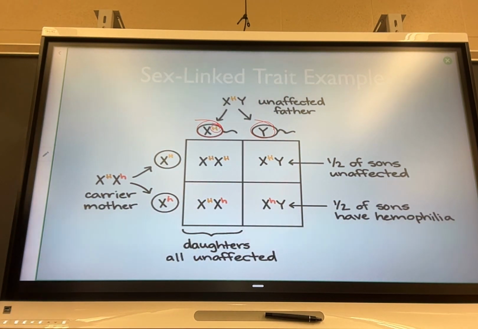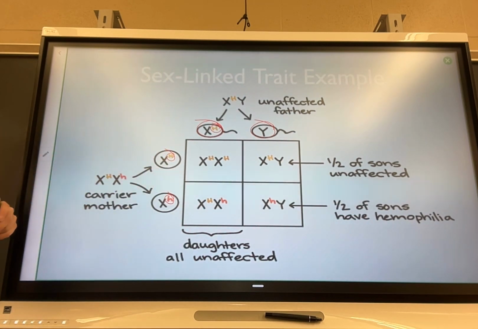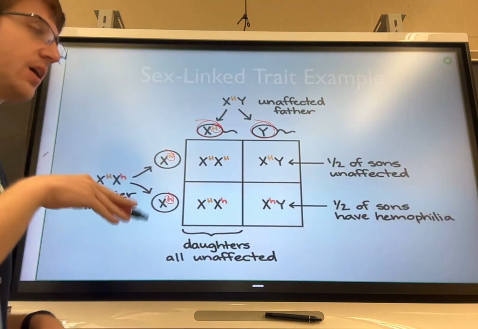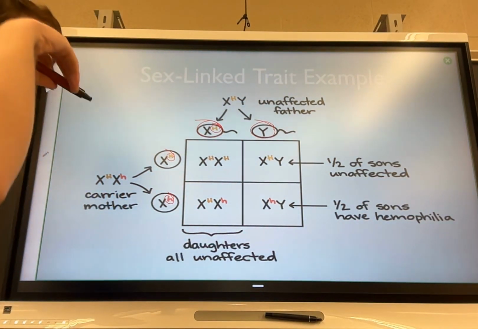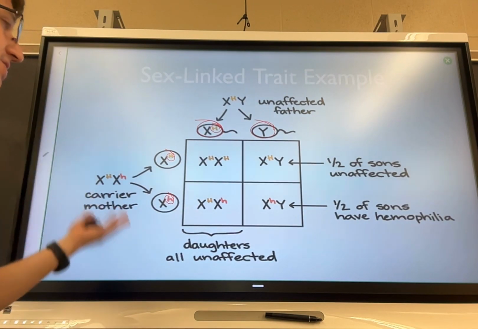Our female is going to have 2 X chromosomes. One has a dominant trait, the other one has a recessive trait. You can see the difference between these two based on what case the superscript is. Kind of like when you write something to the 2nd power or 3rd power, that is called a superscript.